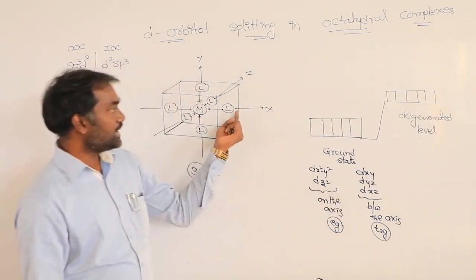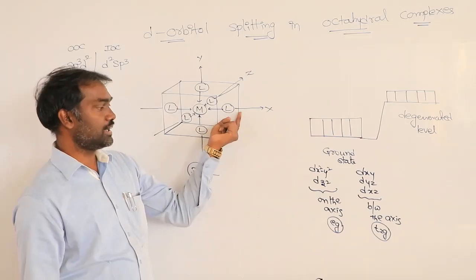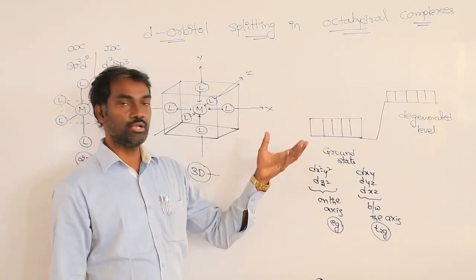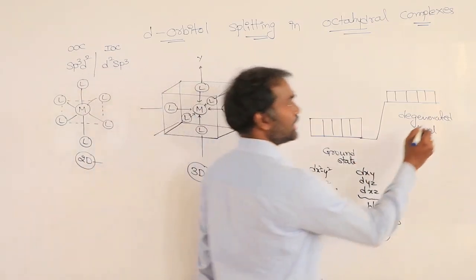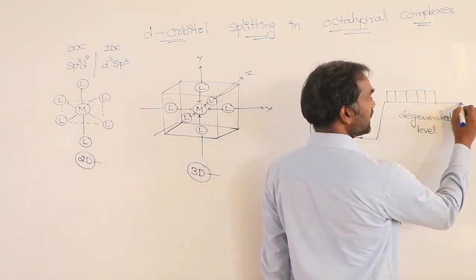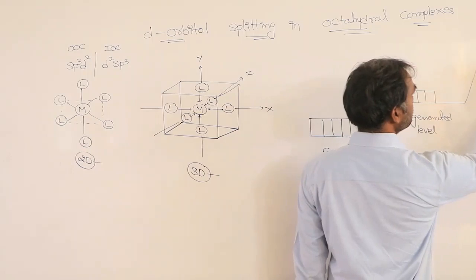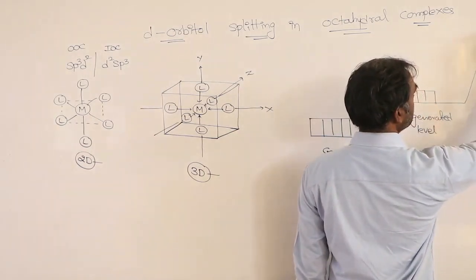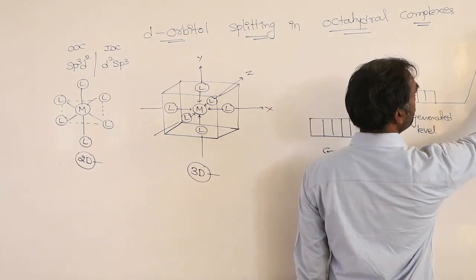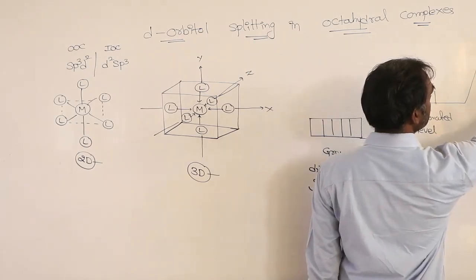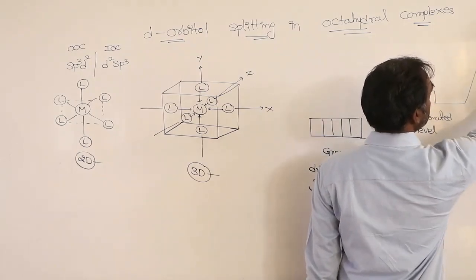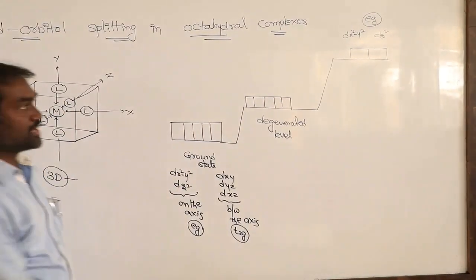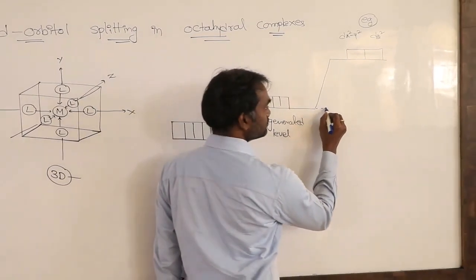Now the ligands are approaching the metal on the axis, so the orbitals present on the axis feel more repulsion. As repulsion increases, their energy increases. That's why the 2 eg orbitals, dx square minus y square and dz square, go above the degenerate level.